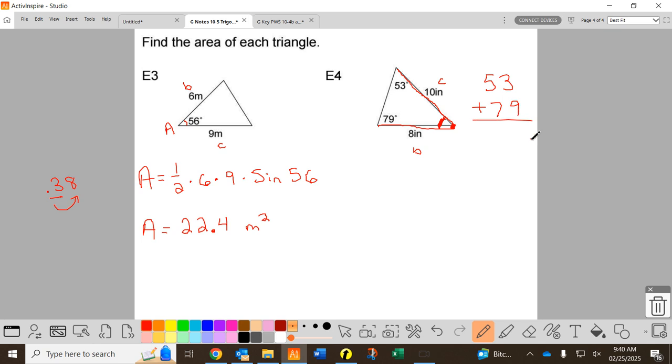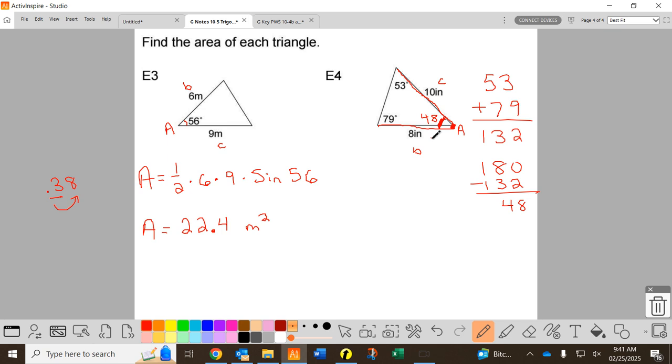What is it? Wait, what's this total? Sorry, 132? Yeah. And then 180 minus that 132 puts you at that 48? Mm-hmm. I just want to make sure I showed everybody where that came from. There we go. So now the 48 is what we're going to use for the sine because that's the included angle. It must be the angle where they touch.